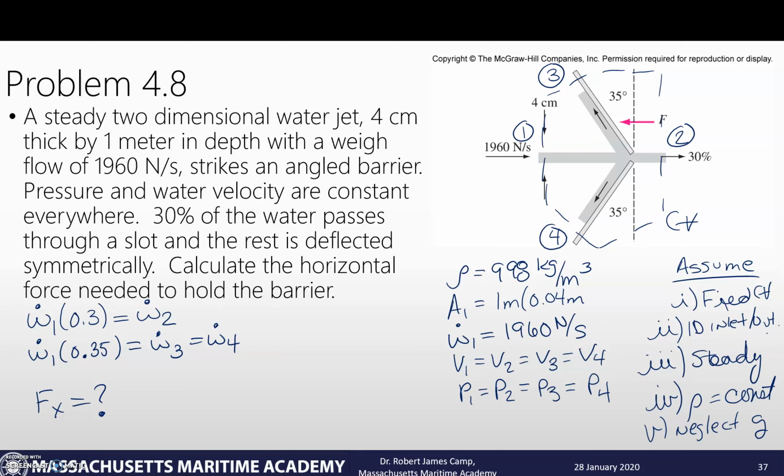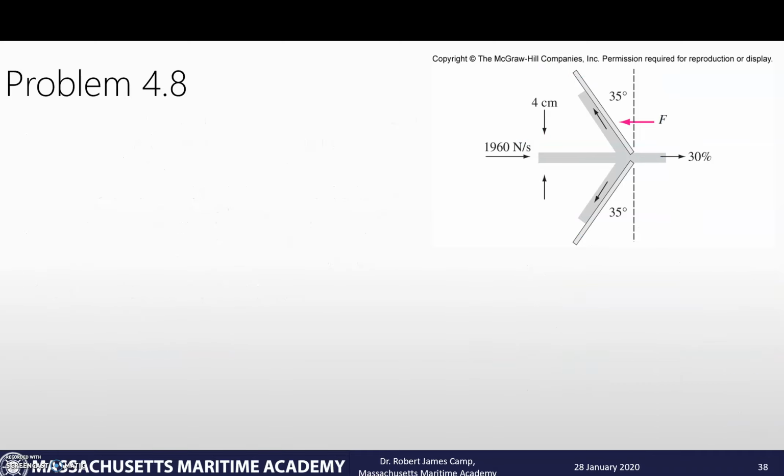So what do we do? Well, we're going to look at our conservation of mass. The great thing is the velocity is the same everywhere, so I can calculate it at point 1, 2, 3, or 4. I have all the information at point 1, so I'm going to calculate it there and just know it applies everywhere.